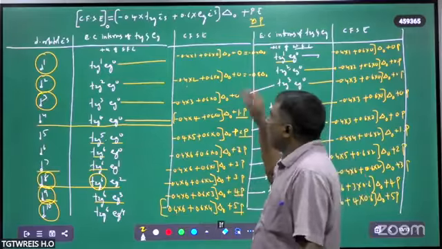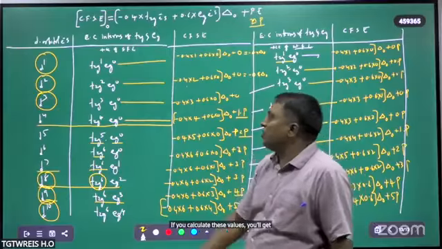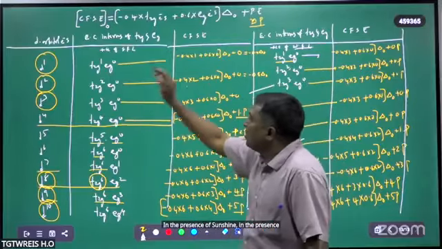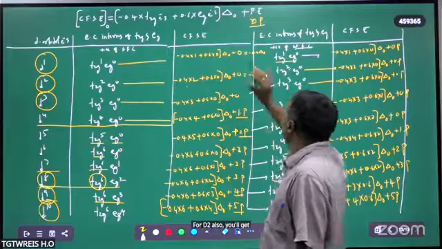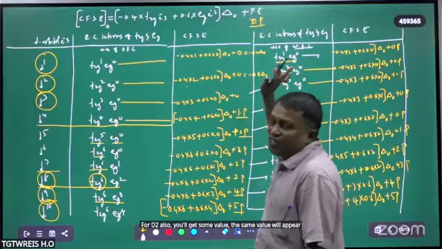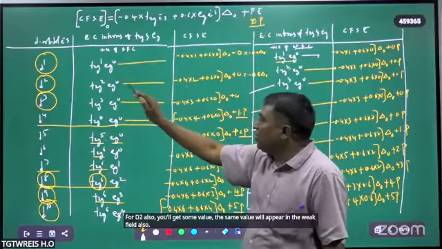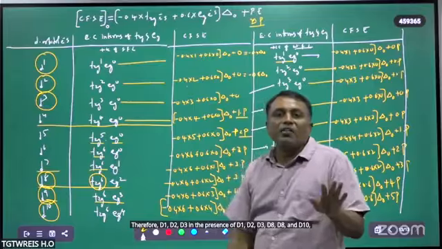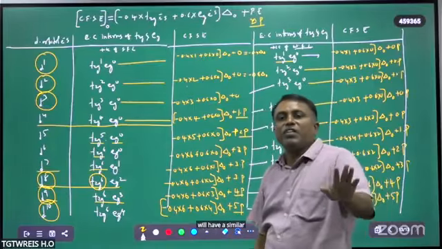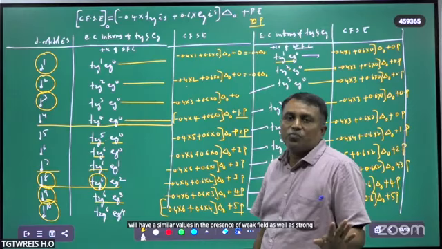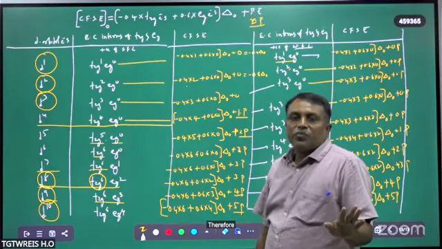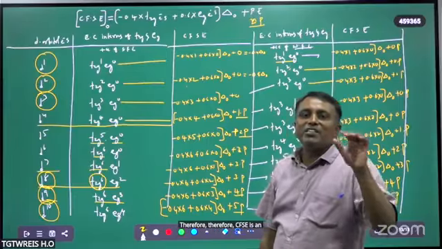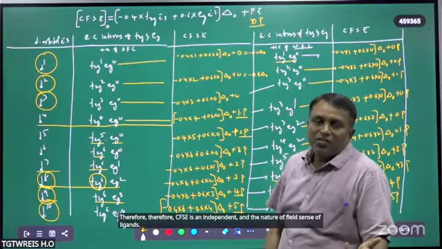If you calculate these values, you will get similar values for d1, d2, d3 in the presence of strong field and in the presence of weak field. For d2 also, you will get some value, and the same value will appear in the weak field also. Therefore, d1, d2, d3, d8, d9, d10 will have similar values in the presence of weak field as well as strong field ligands. Therefore, CFSE is independent of the nature of the field strengths of ligands.